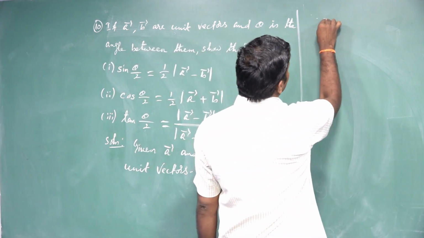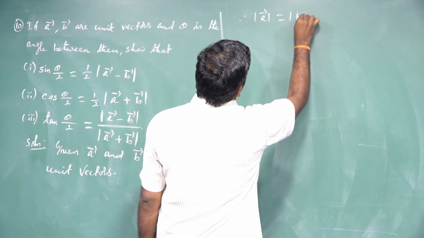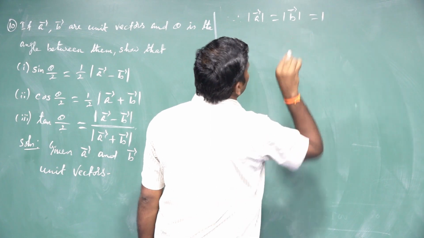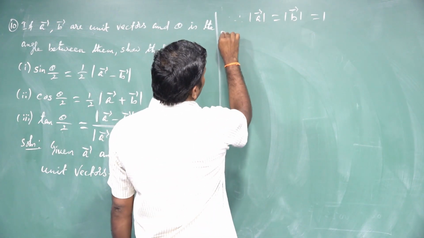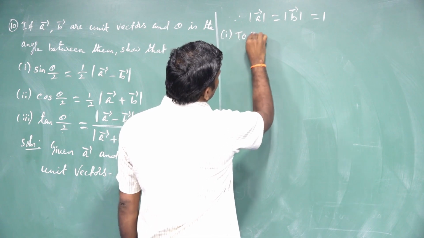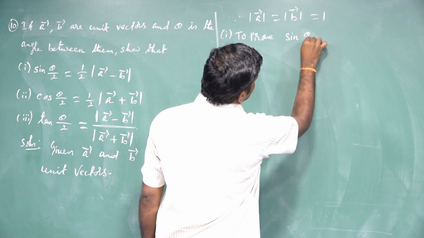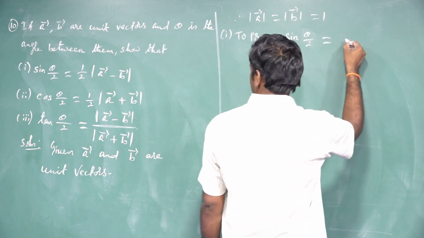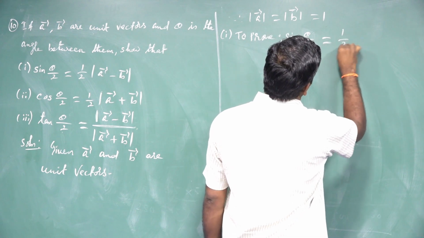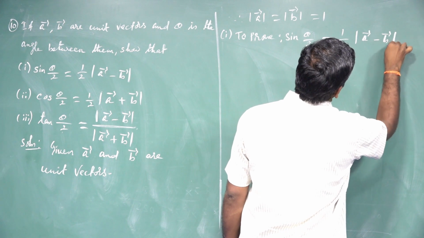Therefore modulus A vector and modulus B vector should be is equal to 1. First we prove, to prove first one, sin theta by 2 it should be is equal to half of modulus A vector minus B vector.